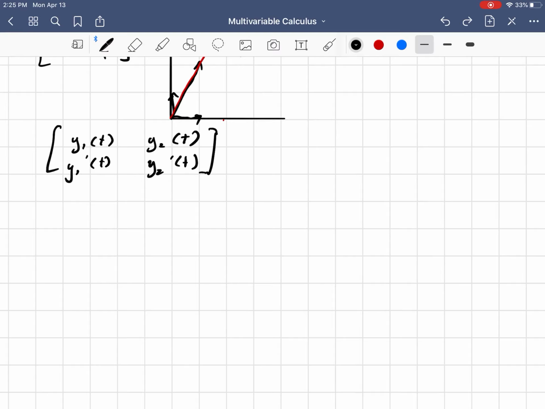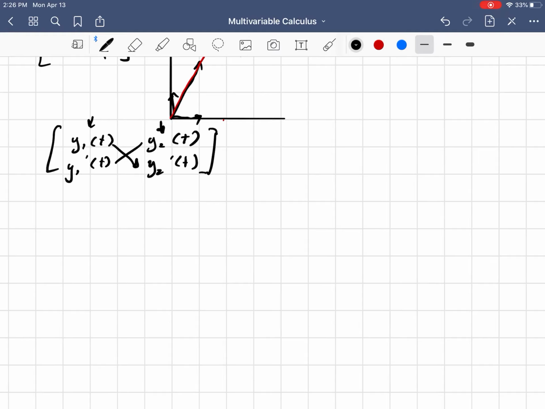You want to check whether this column and this column are linearly independent. In other words, you don't want column 1 to be c times column 2, where c is just some constant, because that would imply linear dependence.